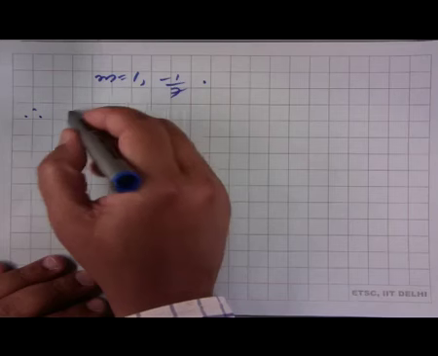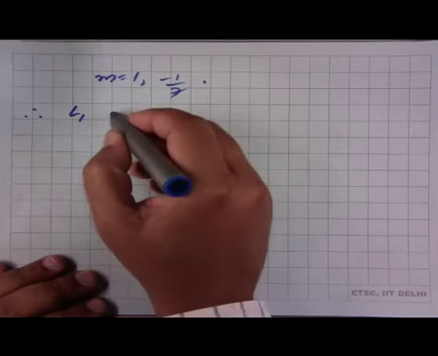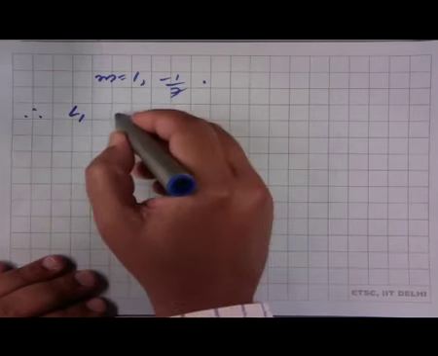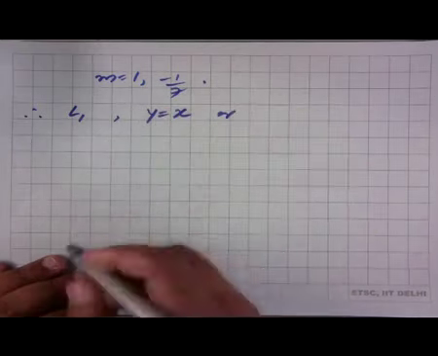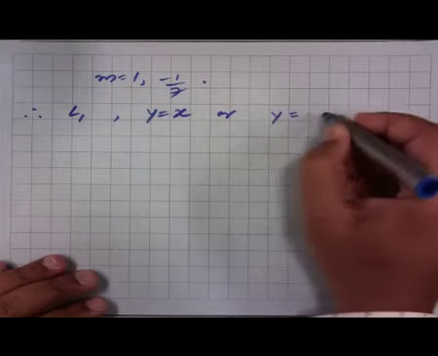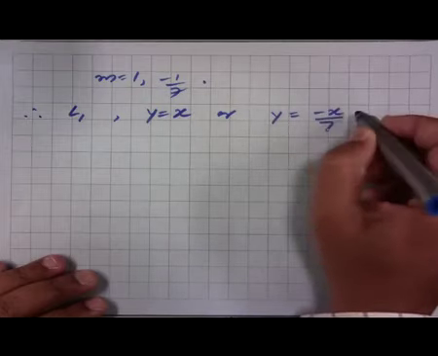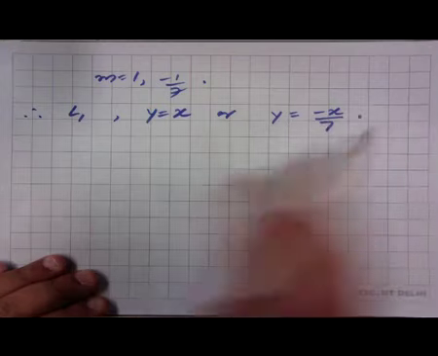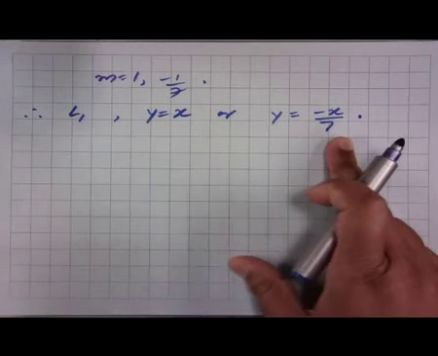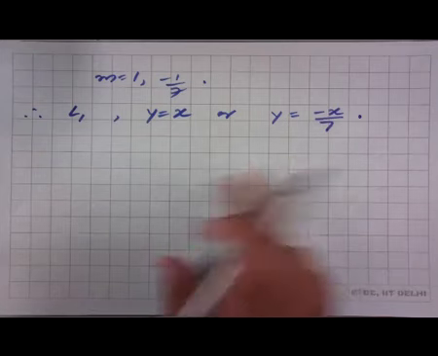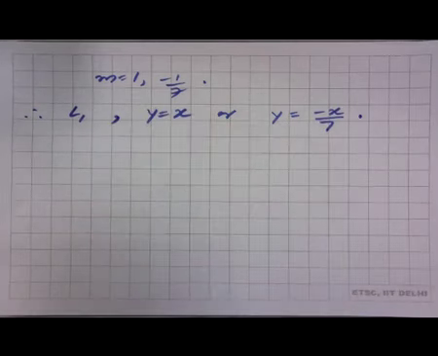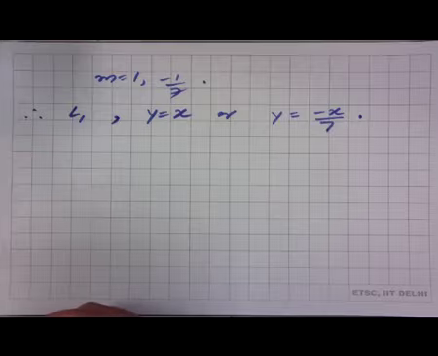So, the equation of L1 could be y equal to x, or... so both these straight lines will have the same intercept of square root of 2 on the circle.